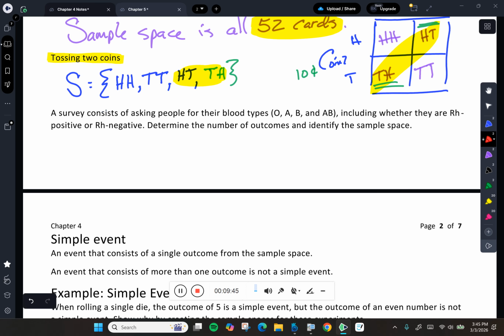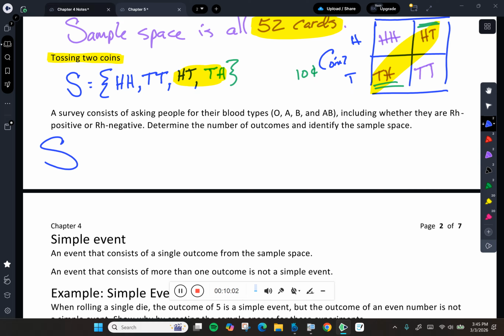Let's say they were taking a survey and we're going to ask people their blood type. That is, are they O, A, B, or AB, including whether they are Rh positive or Rh negative. How many outcomes are in that sample space? Well, I know what some people would want to do.